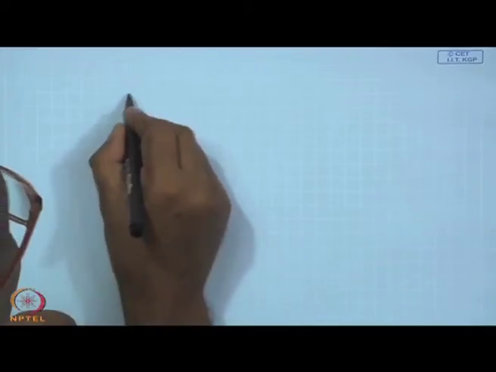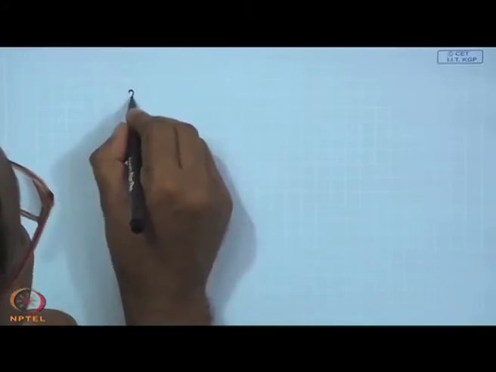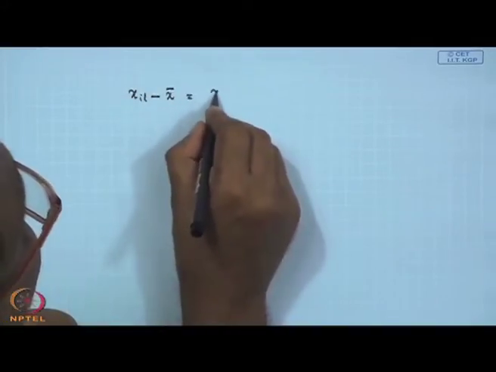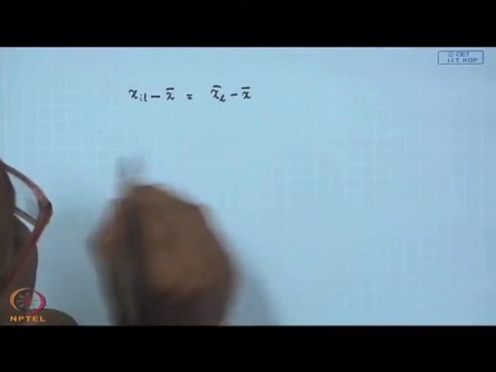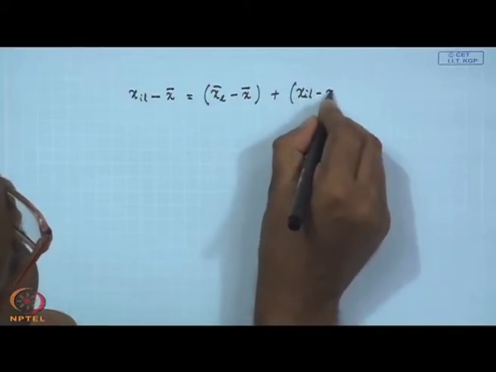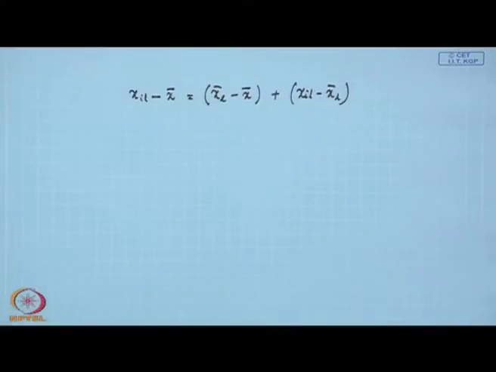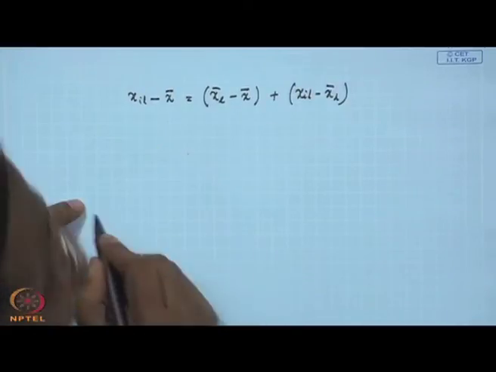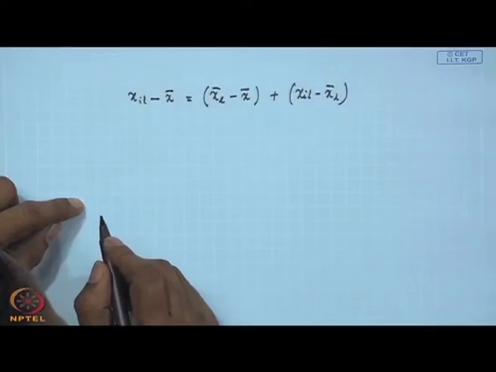You do a little more manipulation here. What will we do now? We will write x_il minus x bar equal to (x_l bar minus x bar) plus (x_il minus x_l bar). If you take the square, what will happen? Yes, transpose, because this is a vector form.